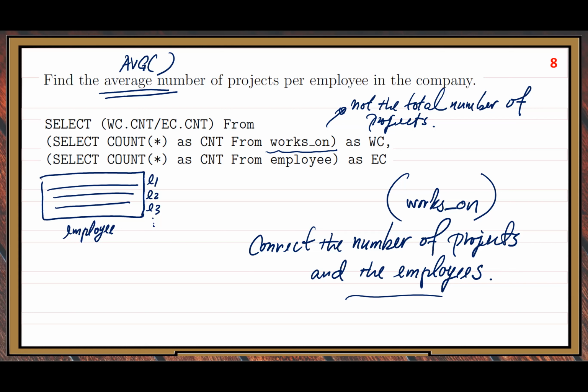Now to do the average, for this employee you need to count the number of projects this employee works on, let's say C1. For this employee, the count is C2, and so on, C3, and the last one, let's say CN.